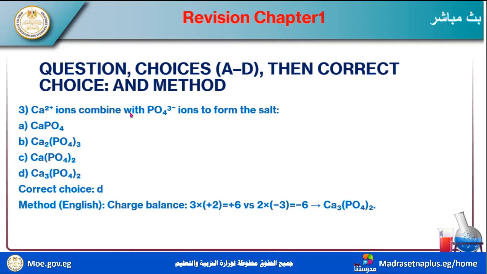In this question, you must write it correctly before choosing, because if you depend on the choices only, you take an incorrect answer. You must write it in essay form. For the charge balance, you must know 3 times here and 2 times here. So the answer is Ca3(PO4)2. This is the correct answer.